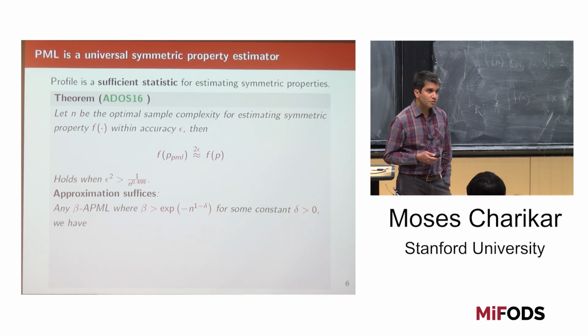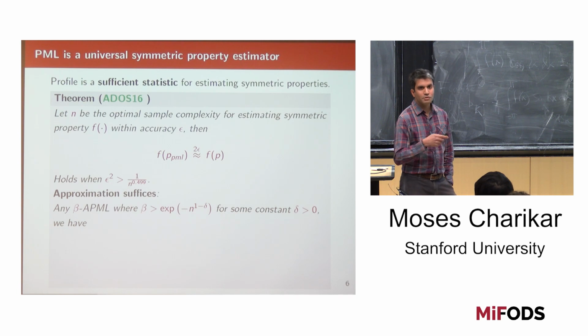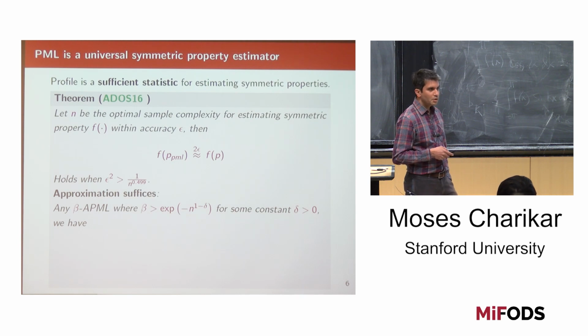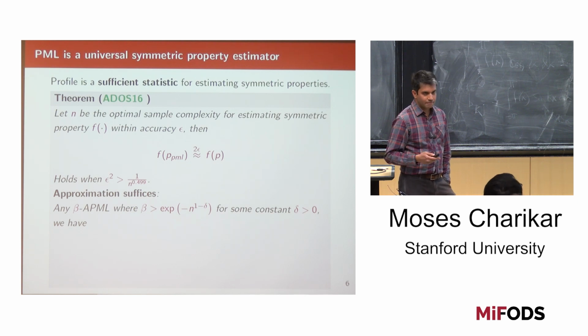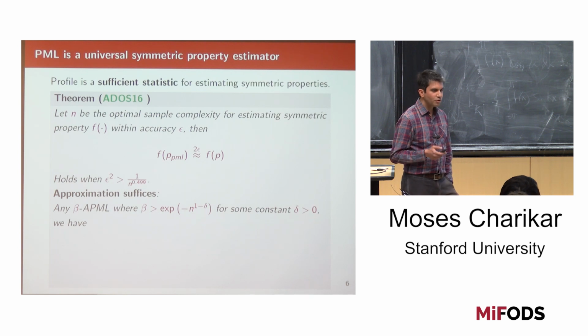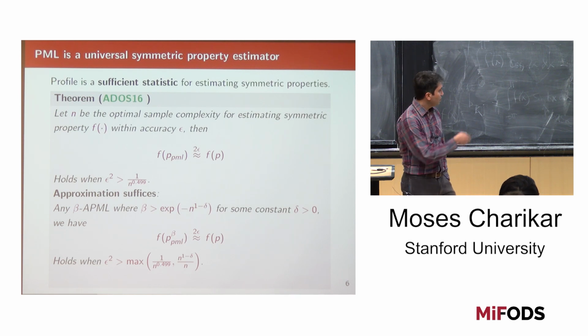But the proof also says that you don't have to get it exactly. It's okay to even approximate profile maximum likelihood, even to a huge approximation factor. Even if you approximate profile maximum likelihood to a factor of exponential in something better than n, and exponential in n turns out to be trivial, if you did just a little bit better, then you would have this result.